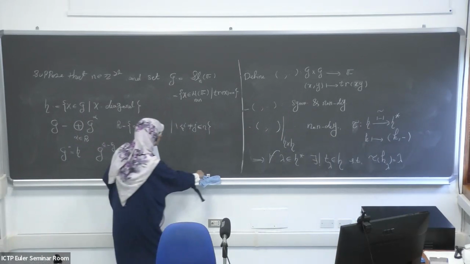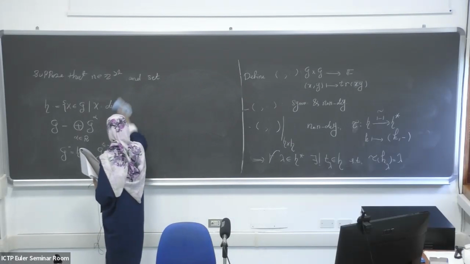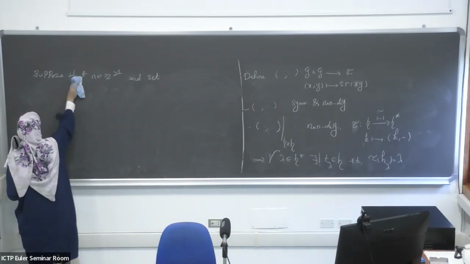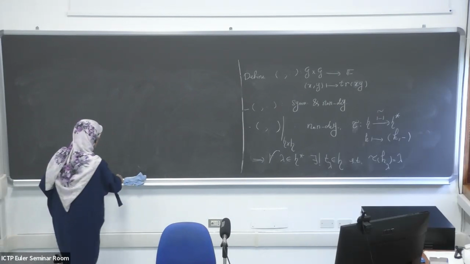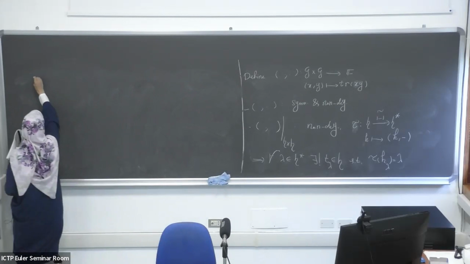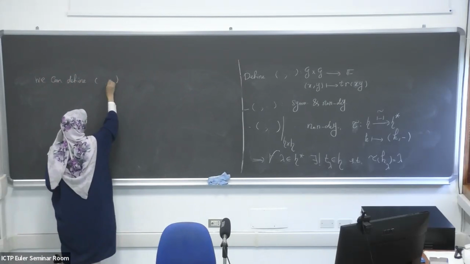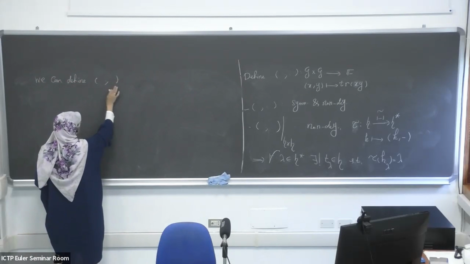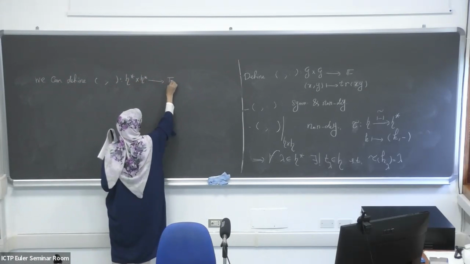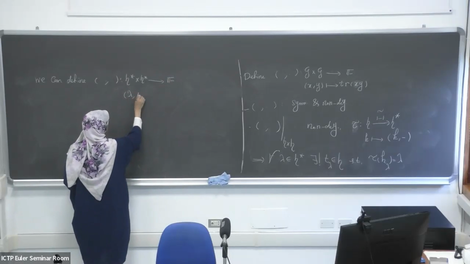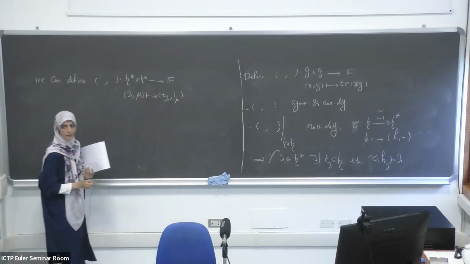And so we can define a bilinear form, which I denote again by this notation, from H star times H star to F, mapping lambda, mu to (t lambda, t mu).